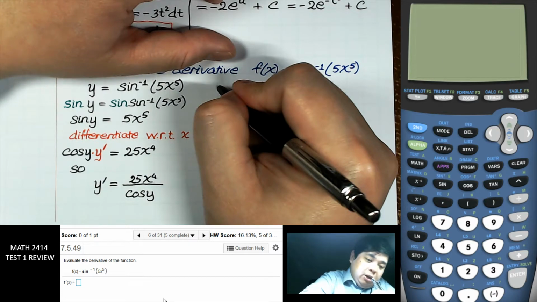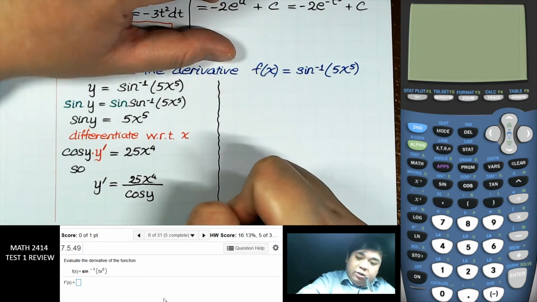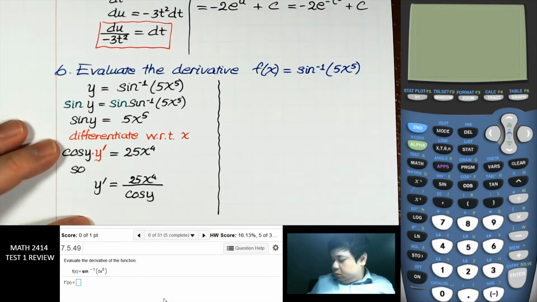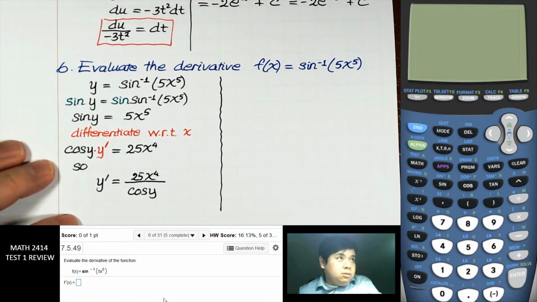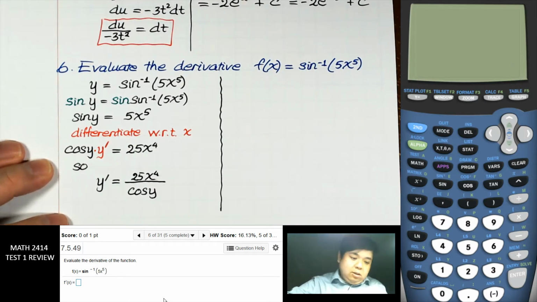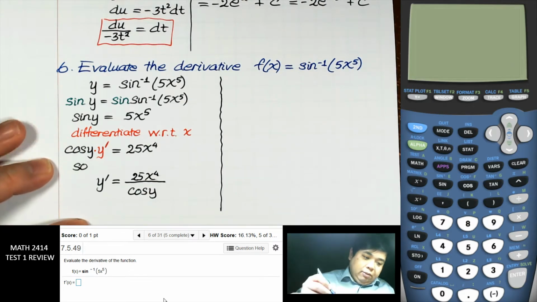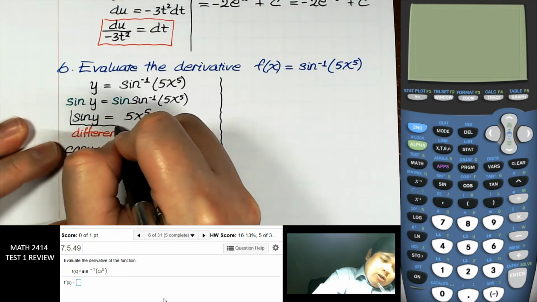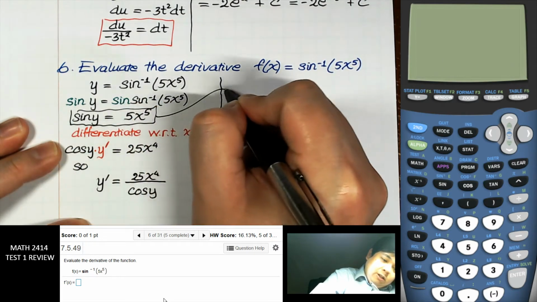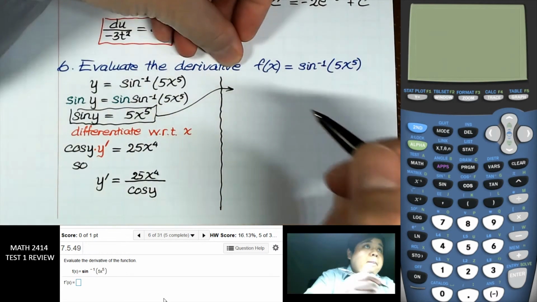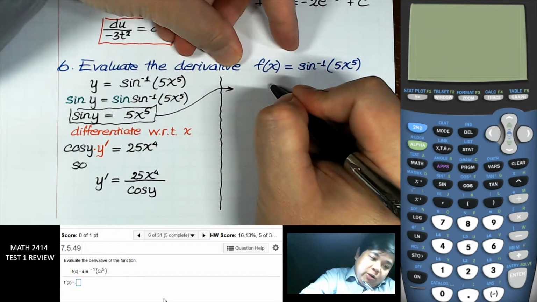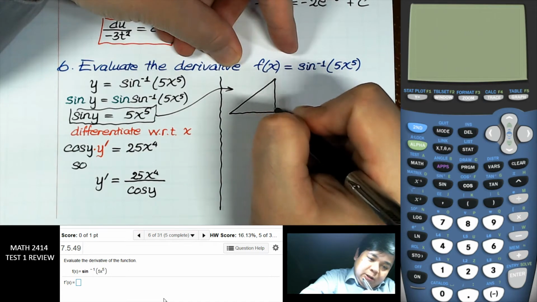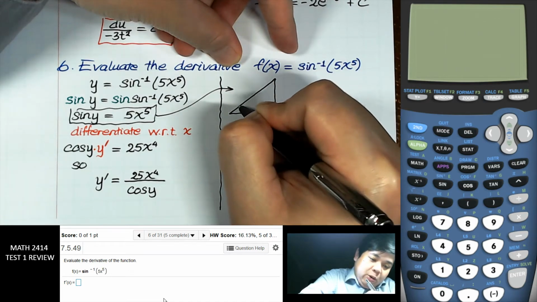For that, we will draw a triangle. We're going to take this part and we'll draw a triangle for it, where the angle is y.